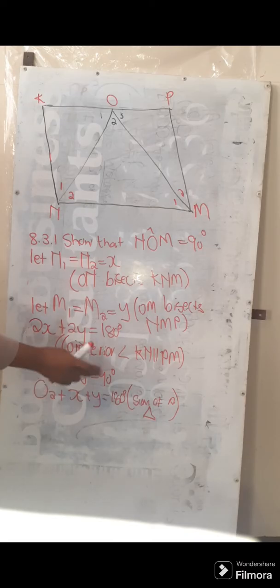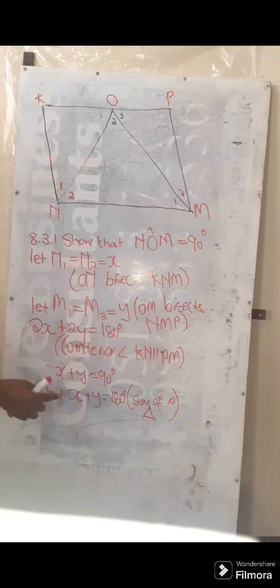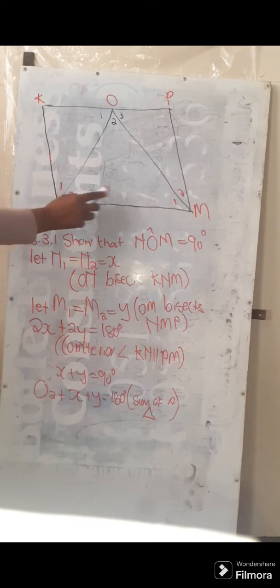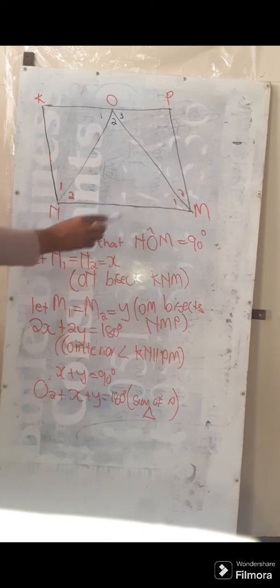So x plus y equals 90, not that x is 90 and y is 90. Because this is 2x and this is 2y, you divide that by 2 and you get 90. So this x plus this y equals 90, and this x plus this y also equals 90.